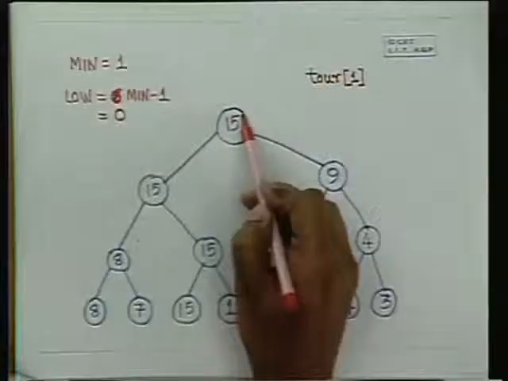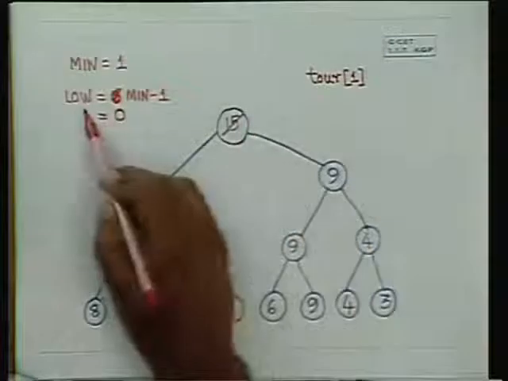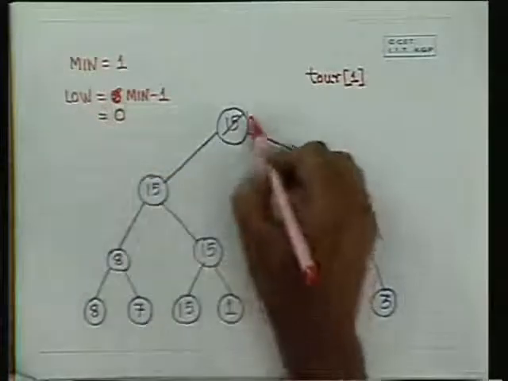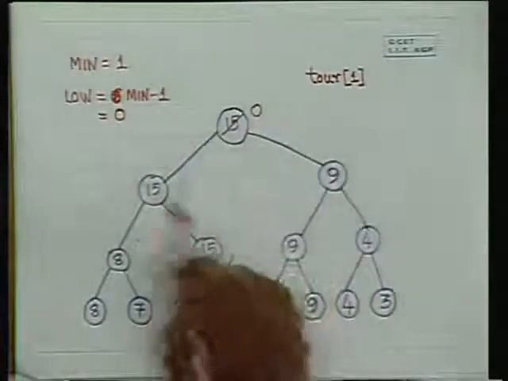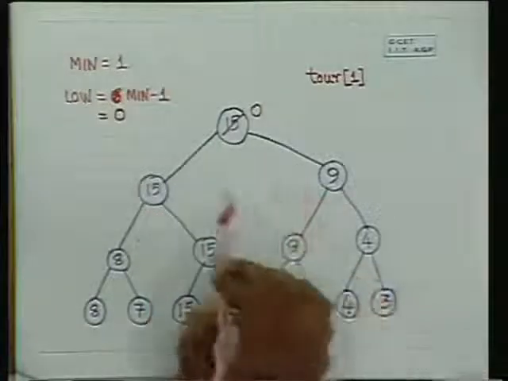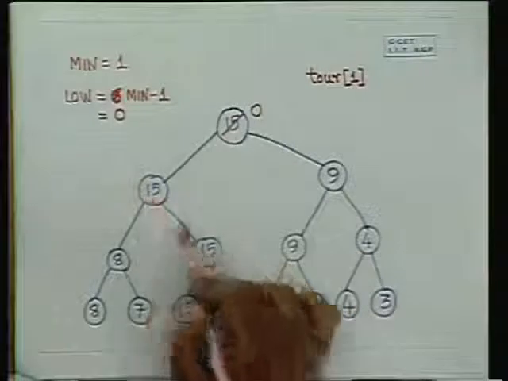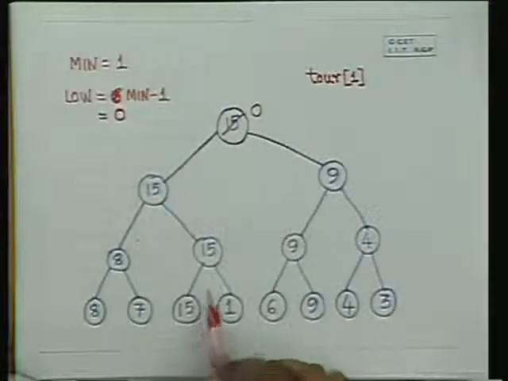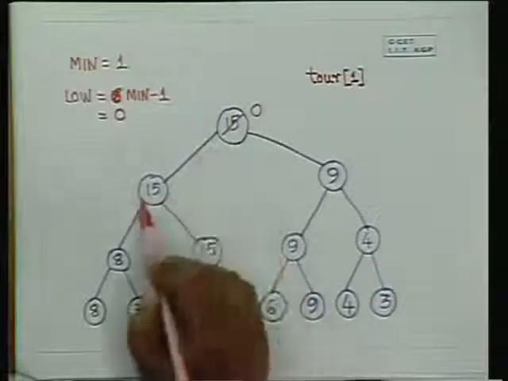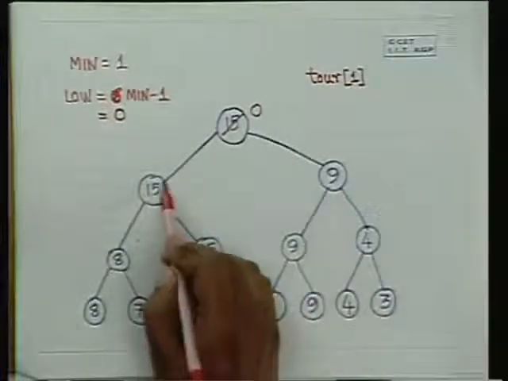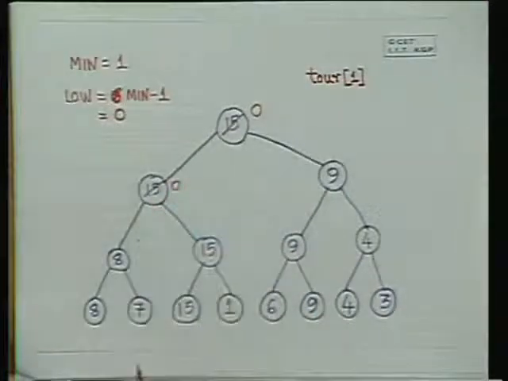So this one we replace by low, which is 0. We compare which is larger of the two, and when we go down, we just convert all numbers which have the largest value to low. So we come here, compare these two, the larger of the two we assign to low.